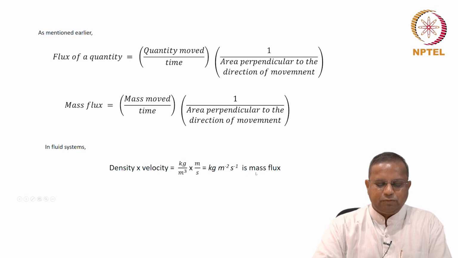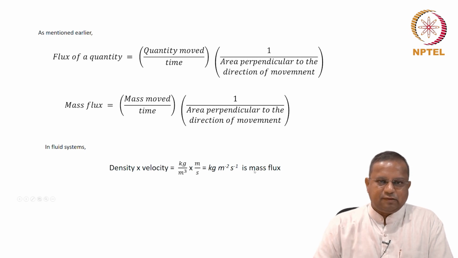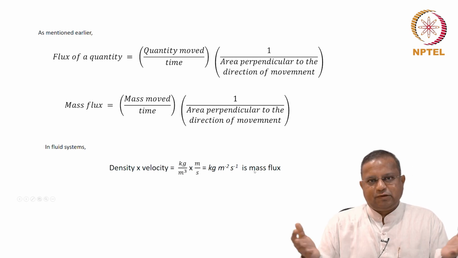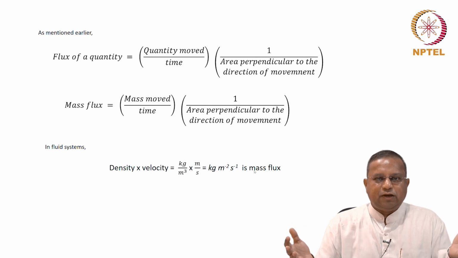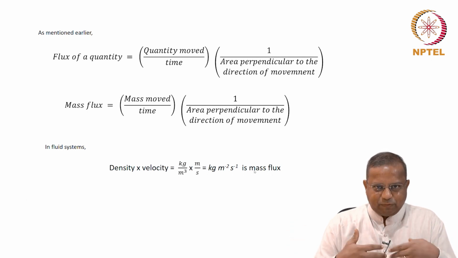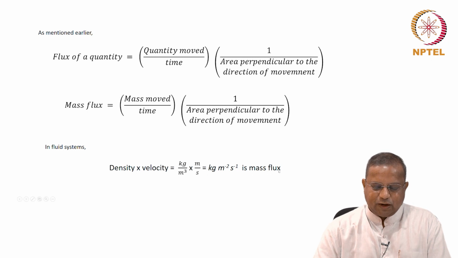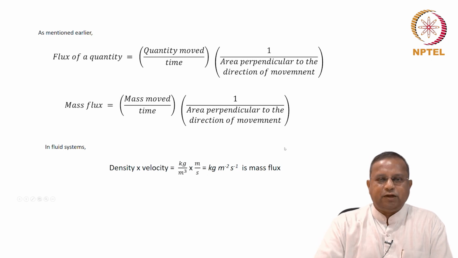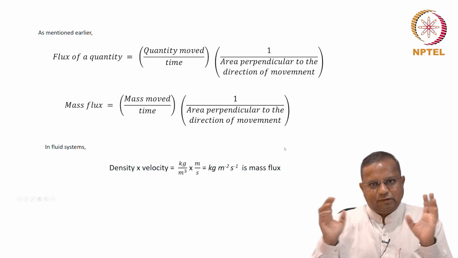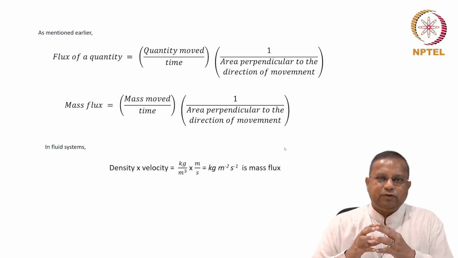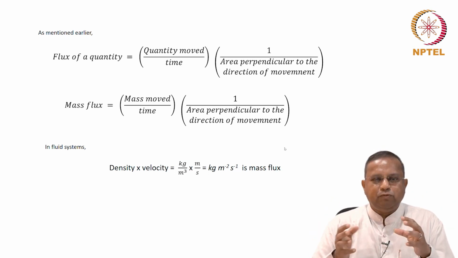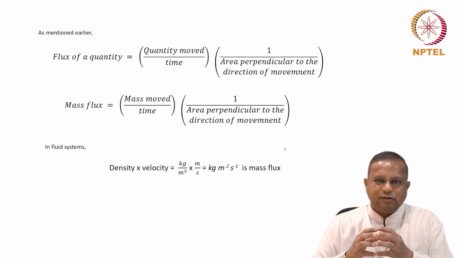Density and velocity are measurable. Mass flux is our formulation which helps us look at various things from the same perspective, and that's why we are after a flux kind of a formulation. It makes things general, makes us see relationships between the movement of various different conserved quantities and so forth.